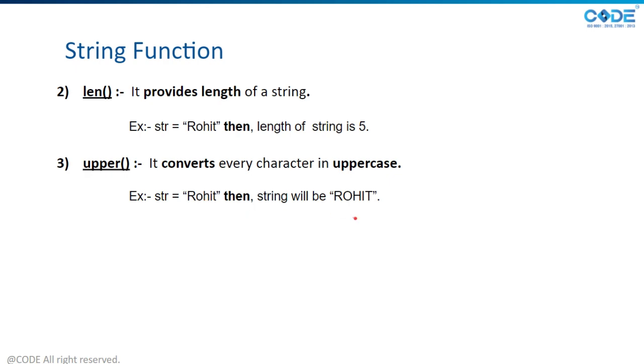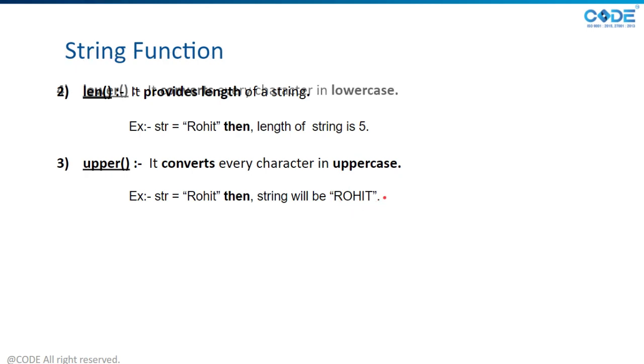This process will be done for each and every letter, up to the last letter of the string. And now here you can see, Rohit was the input and we will get the output as ROHIT in uppercase. The whole word will be uppercase.